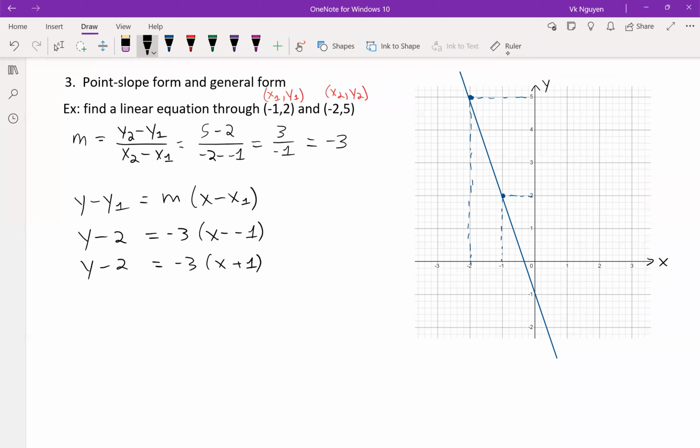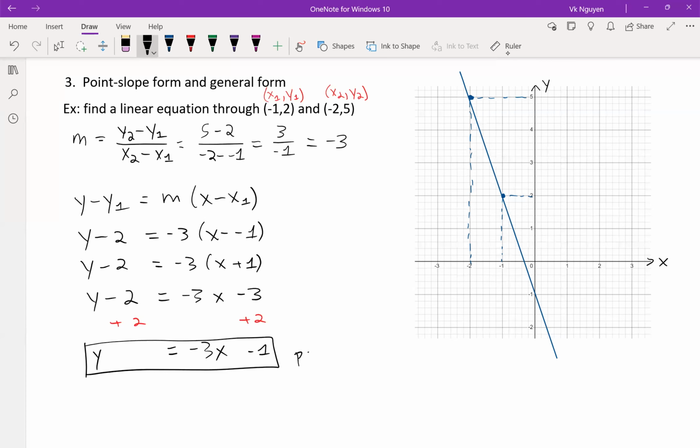Now we can distribute -3. And we have -3x minus 3. On this side, we have y minus 2. Add 2 on both sides. And we have y equal -3x minus 1.